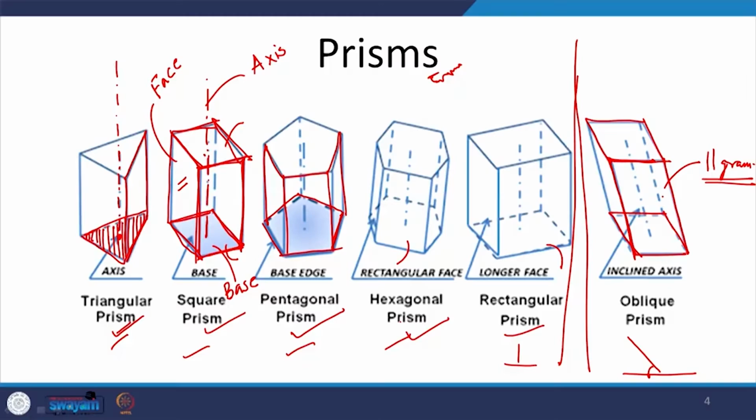But one thing here, what would a cube be called? Is a cube a prism? A cuboid, is it a prism? Yes, they are prisms, they are polyhedra. If we look at the cube here, we have a square base, we have a top base, there is an axis which is perpendicular, and each face is a rectangle.